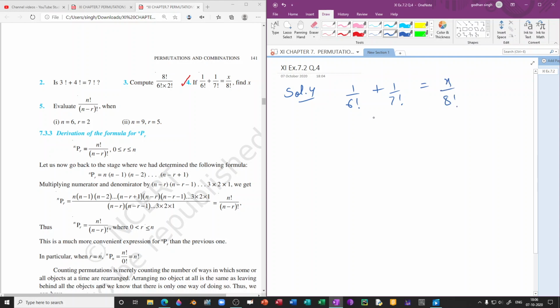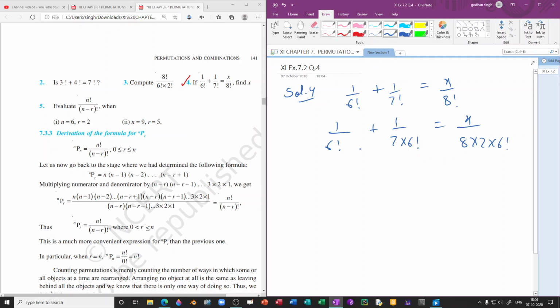Of all the factorials, 8 factorial is the largest one, so we can break it up. We can rewrite this as 1 by 6 factorial plus 1 by 7 into 6 factorial equals x over 8 into 7 into 6 factorial.